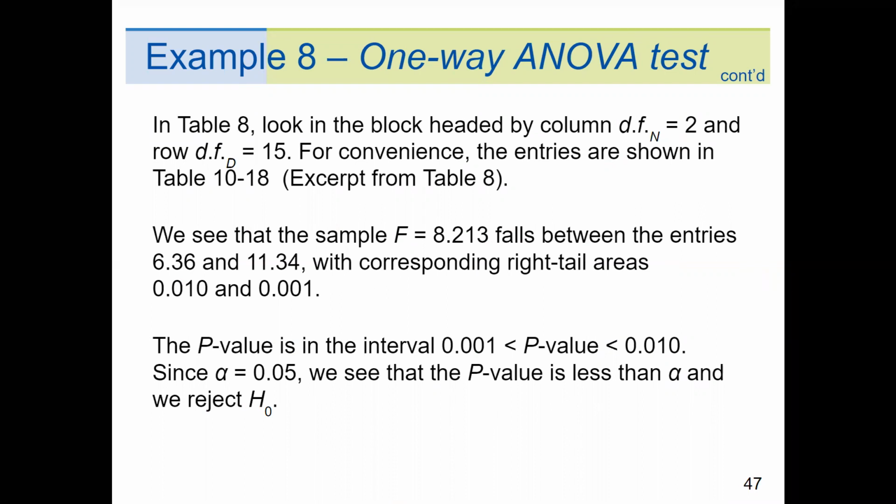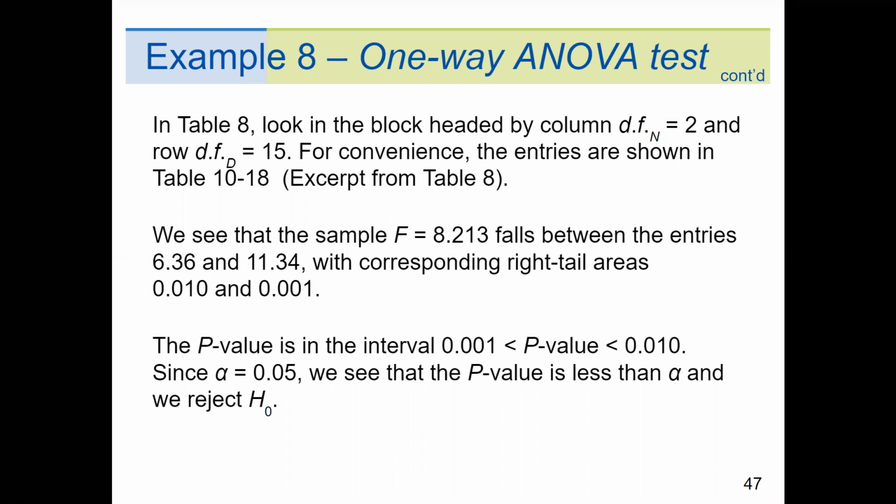For convenience, the entries are shown in table 10.18, an excerpt from table 8. We see the sample F of 8.213 falls between the entries 6.36 and 11.34, with corresponding right tail areas of 0.010 and 0.001. The p-value is in the interval between 0.001 and 0.010.